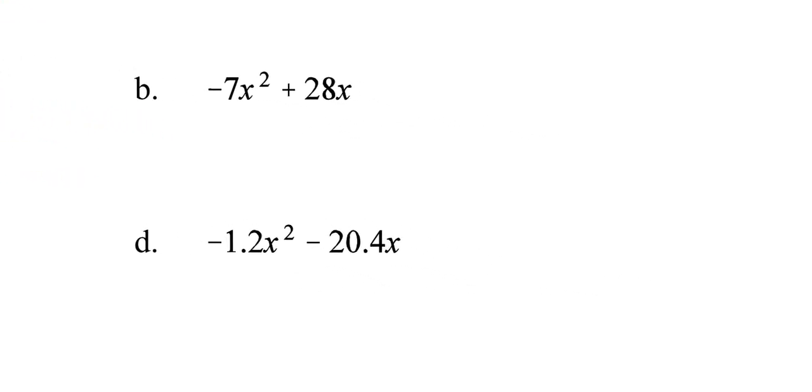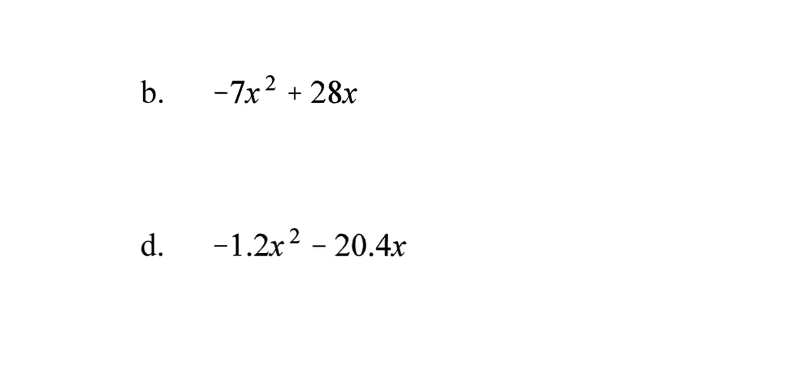So now we have negative 7x squared plus 28x. Now, I told you when we did this, we were always going to pull off the ax.